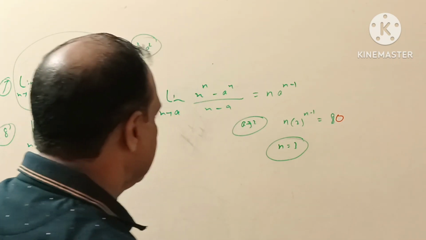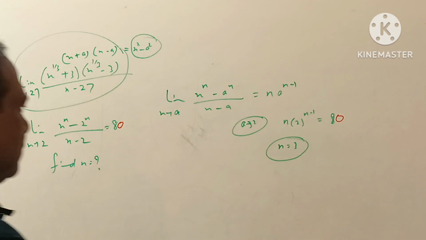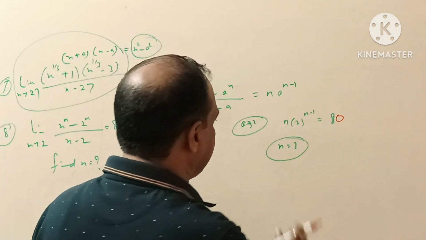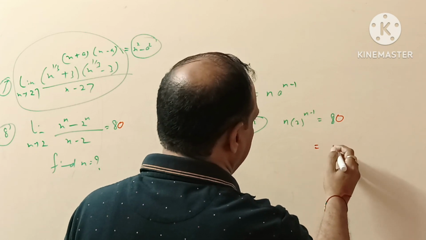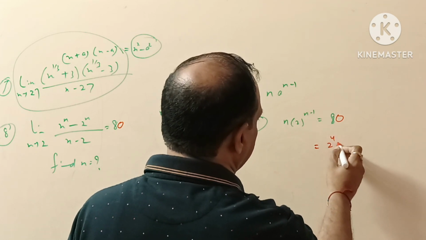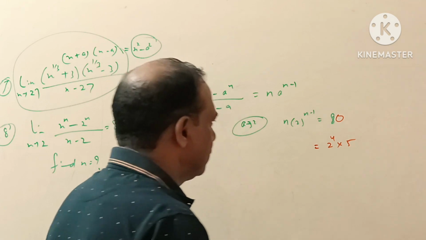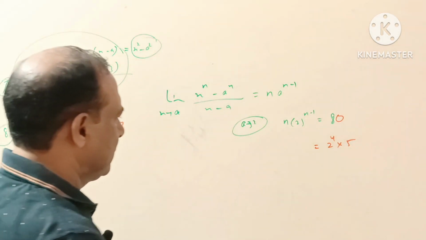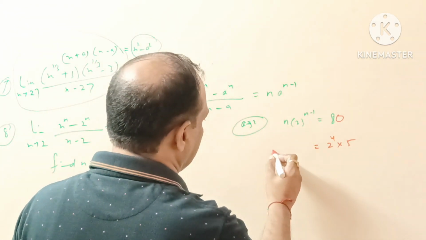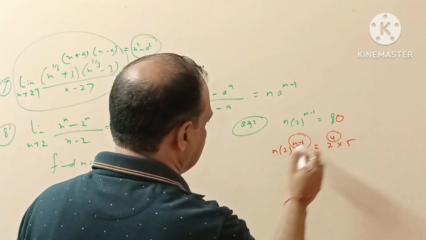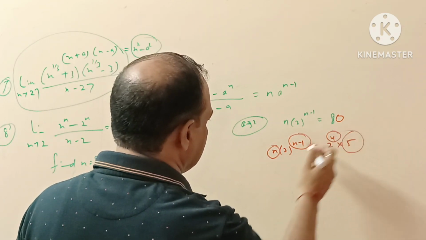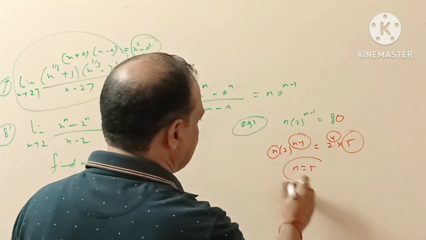How can you do it? You can take the factors of 80. You will have 2 raised to power 4 times 5. What it means is that if you write it as n times 2 raised to power n minus 1, then this part equals this, and this equals this. What it simply means is n equals 5.